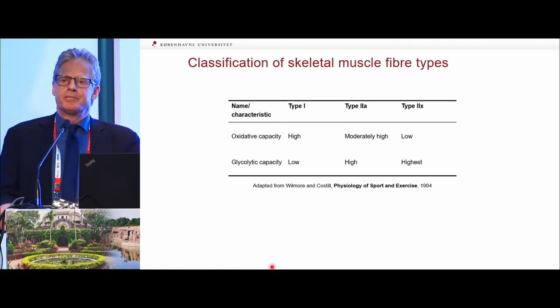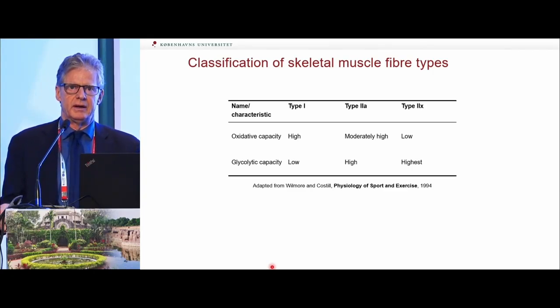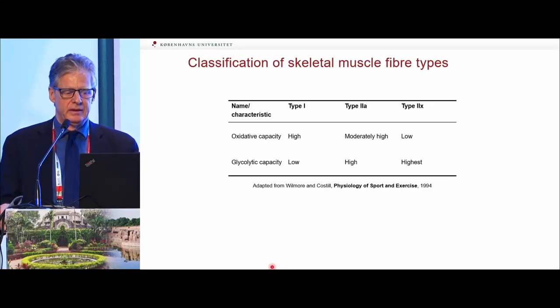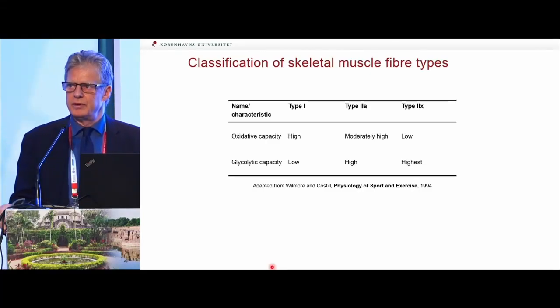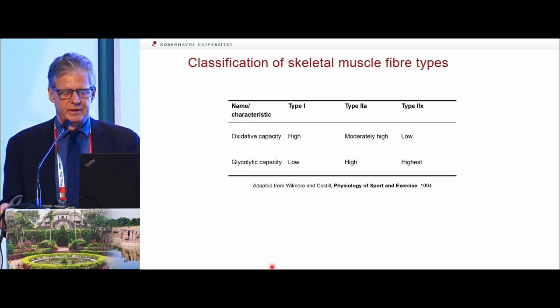So one important organ for glucose metabolism is the skeletal muscle. So we were thinking that it could be affected by this malaria infection. And just to make sure that we are on the same page, if you don't remember your physiology from skeletal muscle, I put together this slide of the 3 different muscle fiber types that humans have.